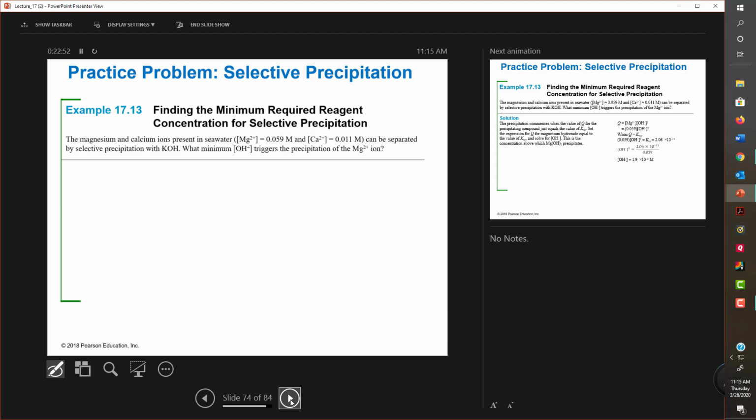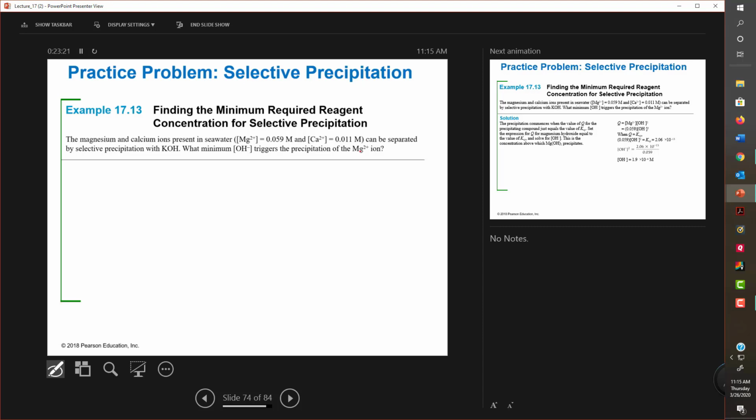All right, so here's a good problem. It says the magnesium and calcium ions present in seawater are these concentrations and can be separated by selective precipitation with potassium hydroxide. What minimum hydroxide ion concentration triggers the precipitation of the magnesium 2 positive ion?